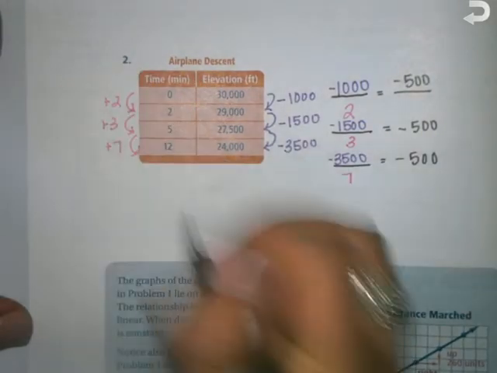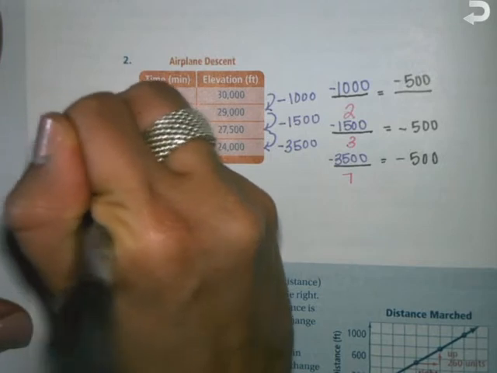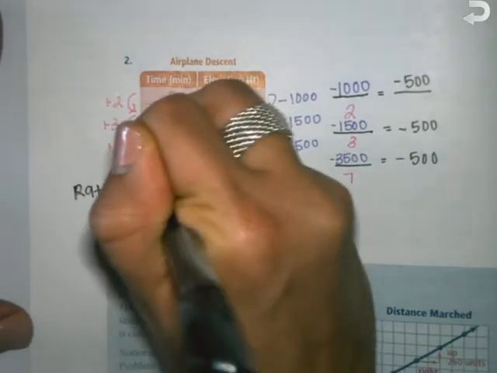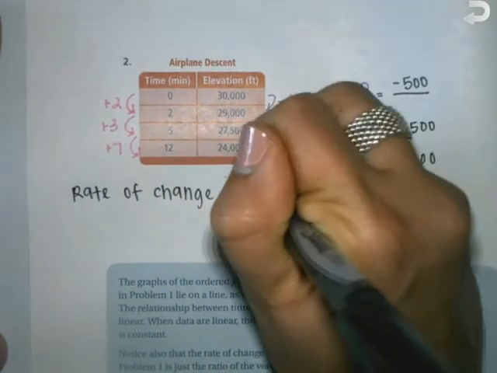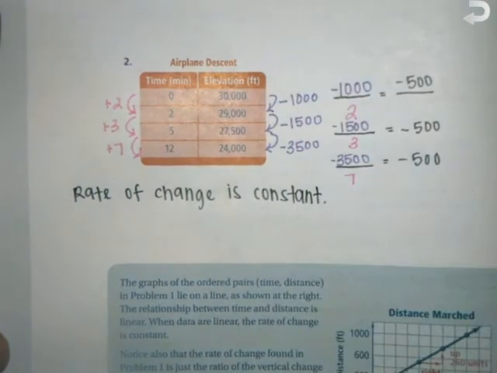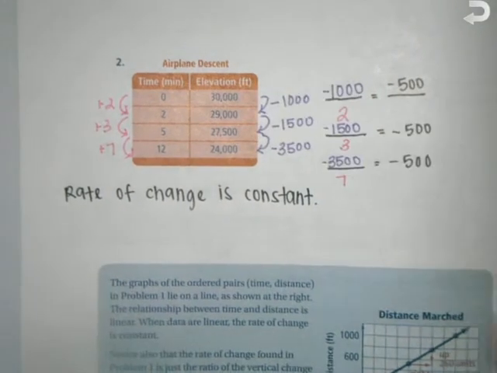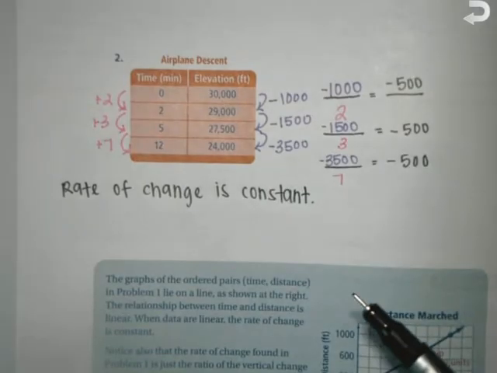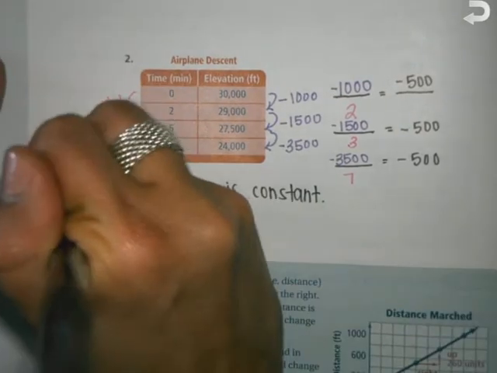So we would say rate of change is constant. And then we want to know what it is. Because we were looking at rates of change over non-consecutive intervals, consecutive meaning like 1, 2, 3, 4, 5 in order, we would call that the average rate of change.